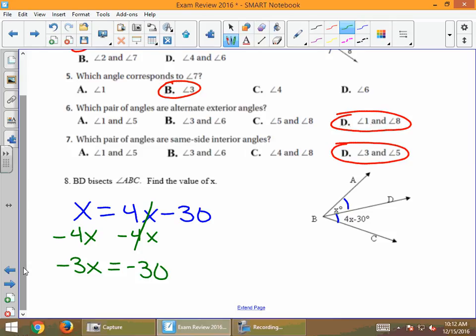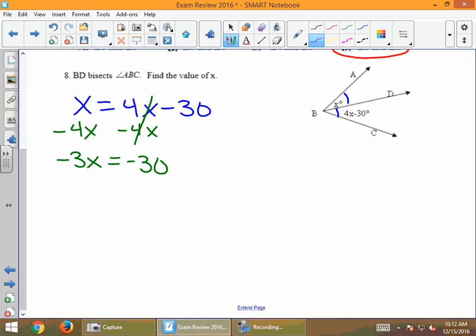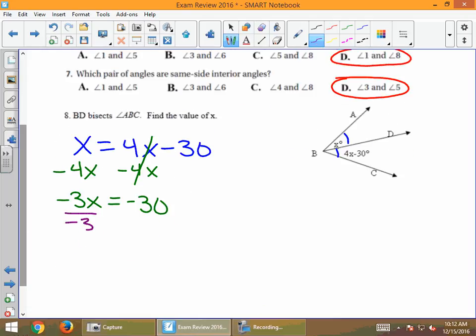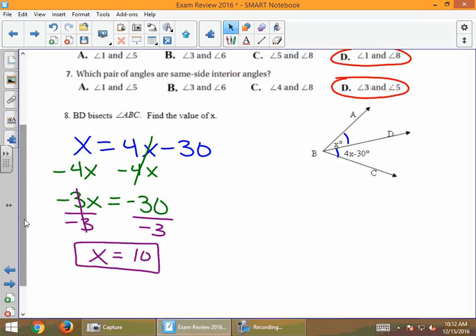What do we have to do with the negative 3x? Get the x by itself. Divide. So x is equal to... I had to find x. Found it. Done.